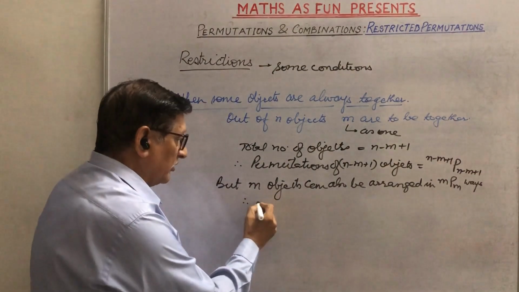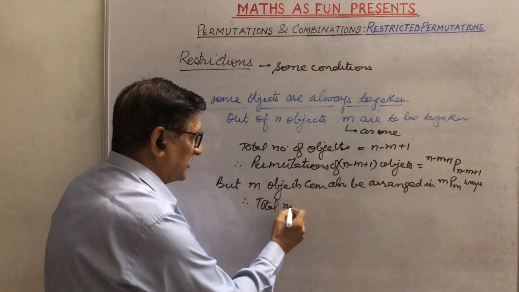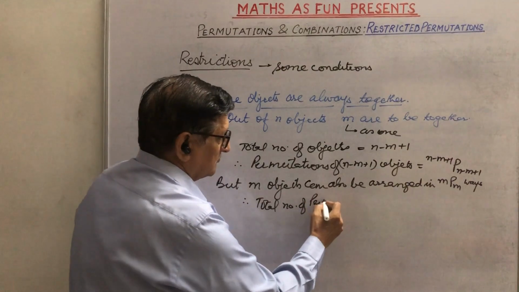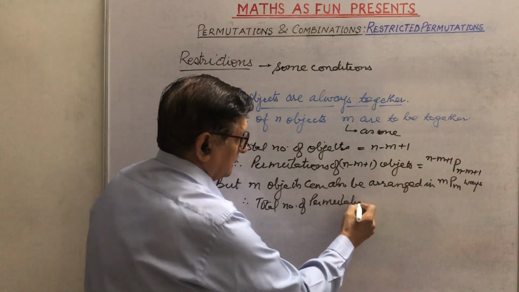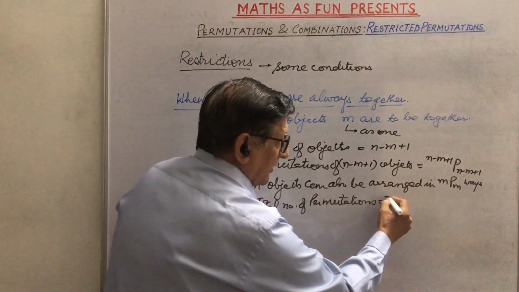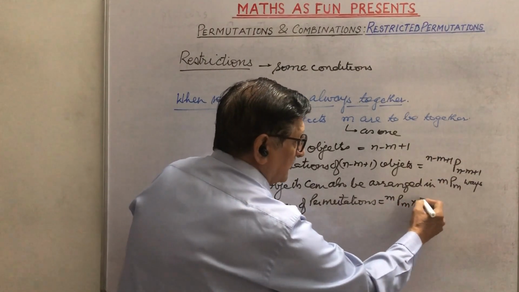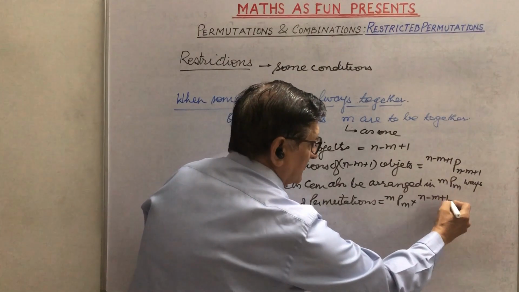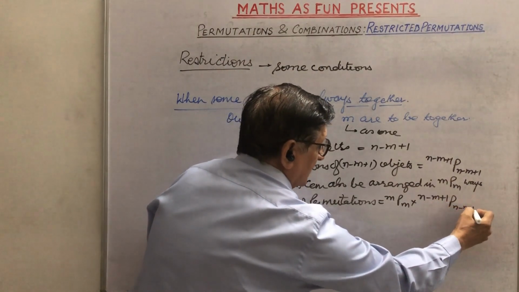And therefore, the total number of permutations in such a case will be m! into (n-m+1)P(n-m+1).